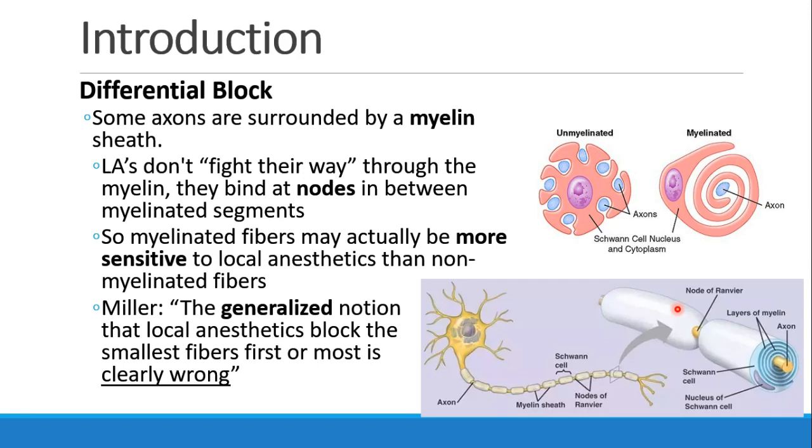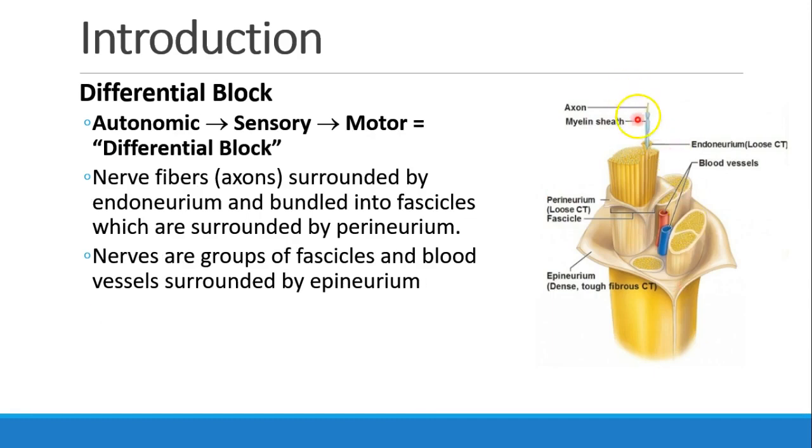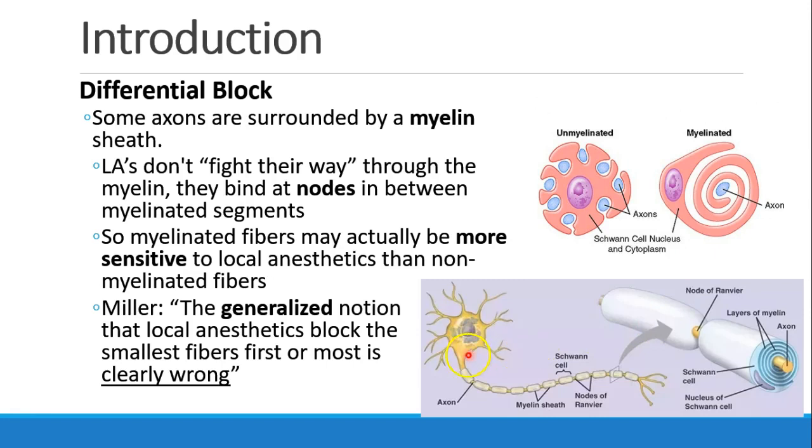The other thing we should be aware of is myelin. Going back to the previous slide, you can see the myelin sheath around the axon. Zooming in on that, each axon can be surrounded by myelin sheaths. And the myelin is not a long strip of insulation like an electrical wire.